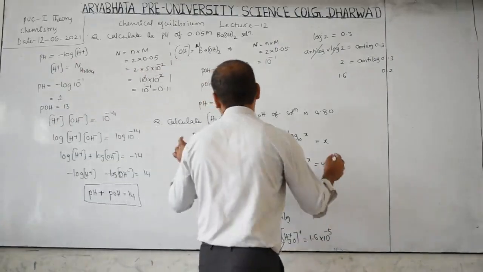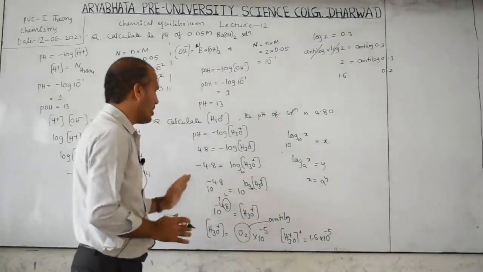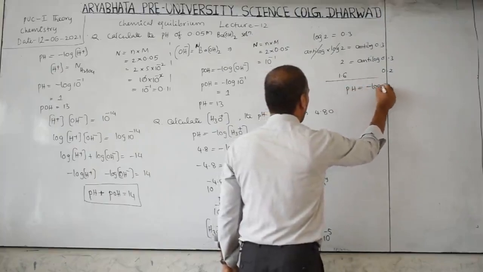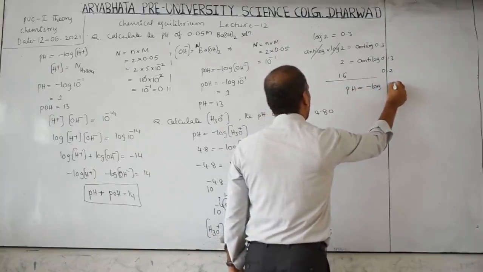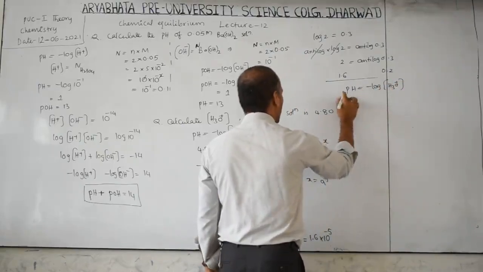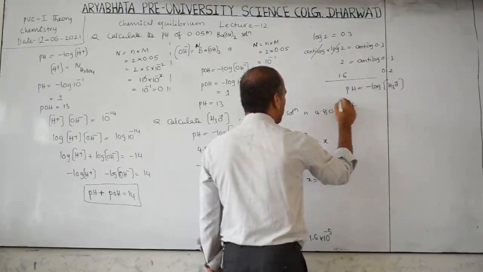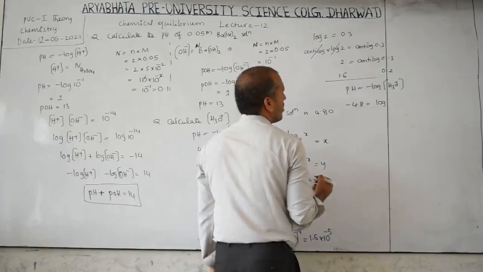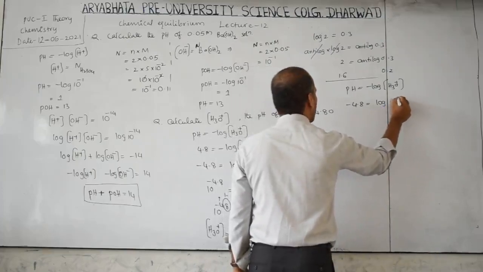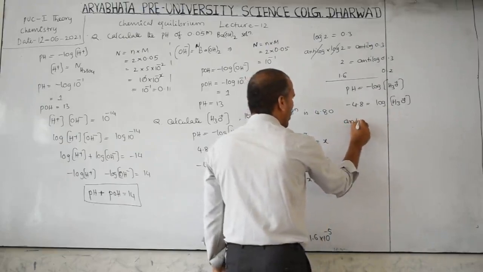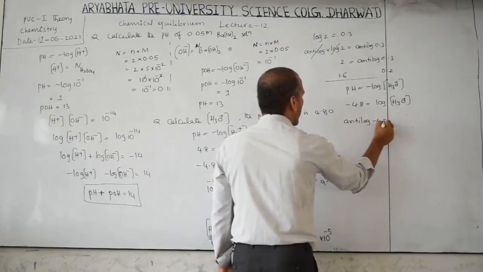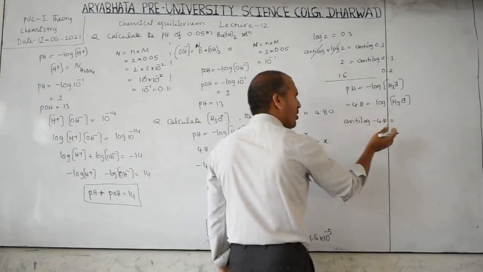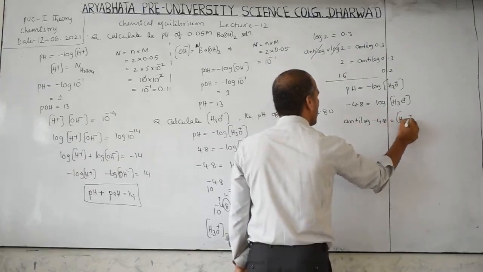So if you do not understand it, according to this: pH is equal to negative logarithm of H3O plus ion concentration. Therefore I directly write minus 4.8 is equal to log of H3O plus ion concentration. Anti-log of minus 4.8 is equal to log and anti-log cancel, I am taking anti-log on both sides, so H3O plus ion concentration.